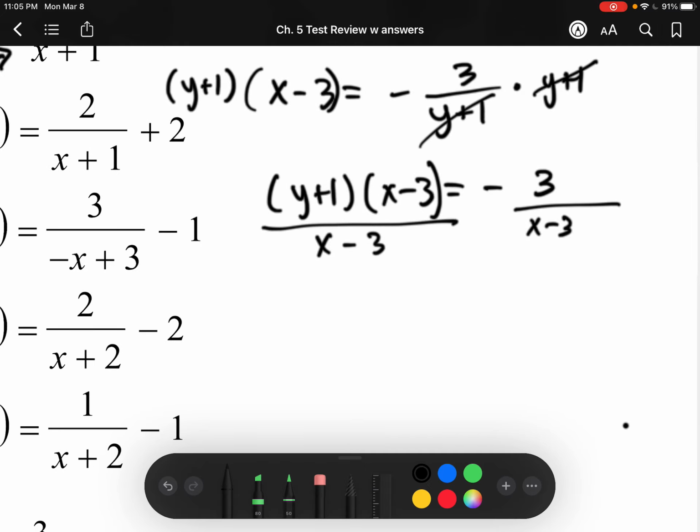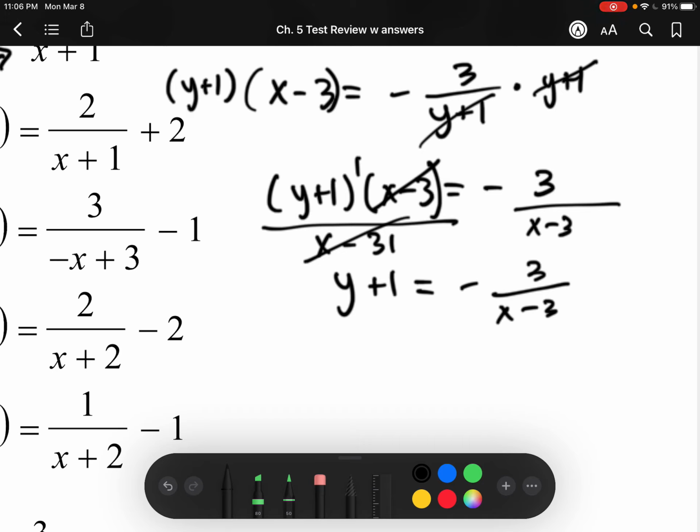And here, x minus 3 divided by x minus 3 is just 1, right? 1 over 1, which would be y plus 1 times 1, which is just y plus 1. And then divided by 1, and y plus 1 divided by 1 is just y plus 1. So I'm left with y plus 1 is equal to negative 3 over x minus 3.